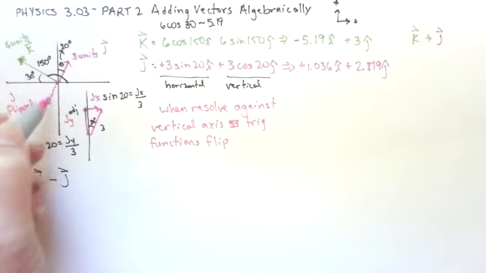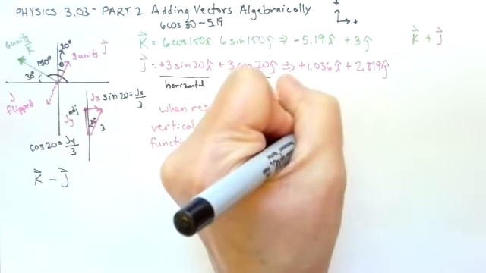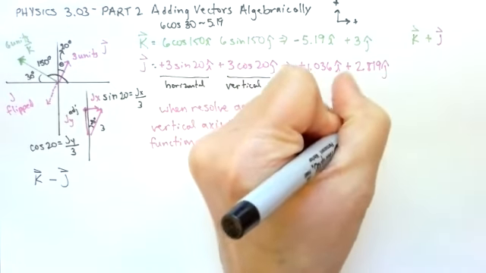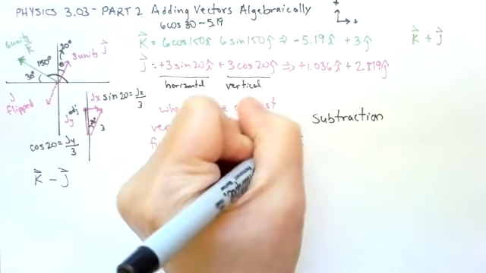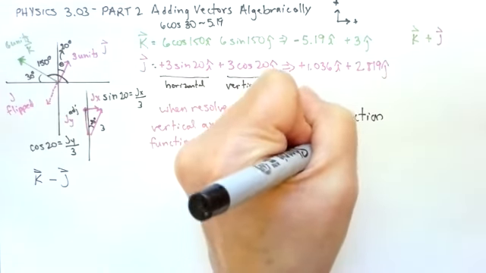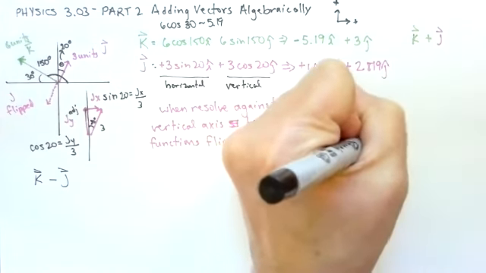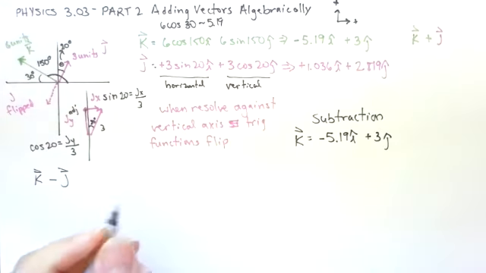Basically, now I'm adding these two. From an algebraic standpoint, it's a lot simpler. So I'm going to start out with vector K here, and I'm just going to rewrite these in black. So vector K is negative 5.19 i, positive 3 j.